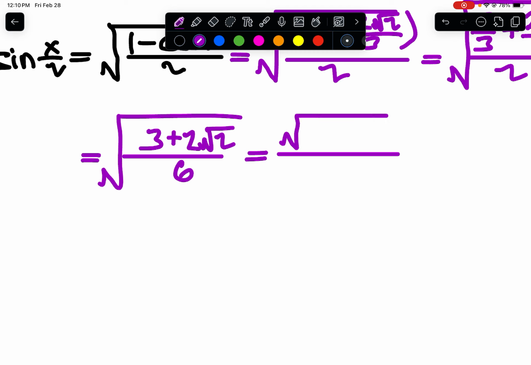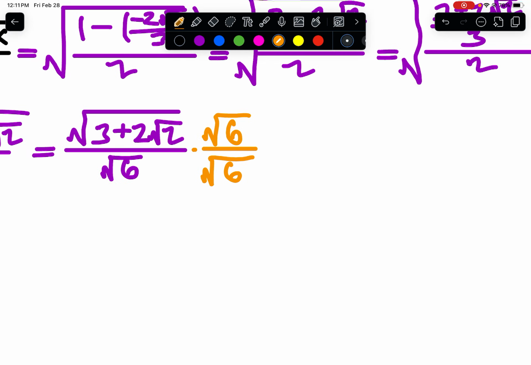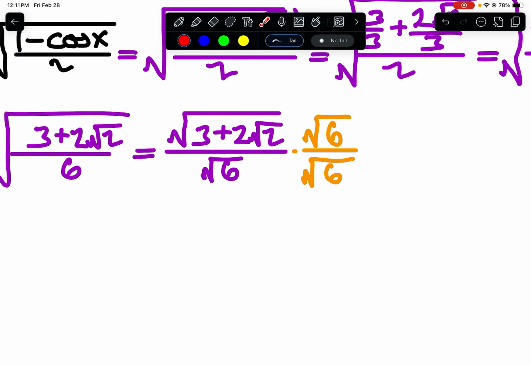In the numerator we have the square root of 3 plus 2 root 2, over the square root of 6. When you rationalize, I'm going to rationalize based on the value in the bottom, so root 6 over root 6.